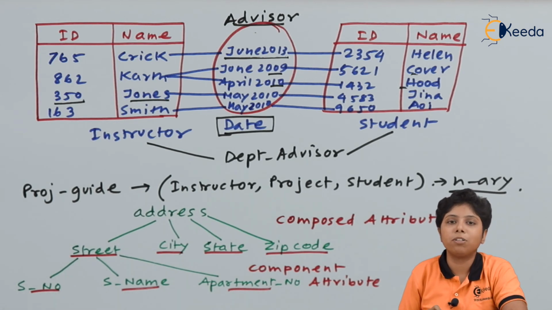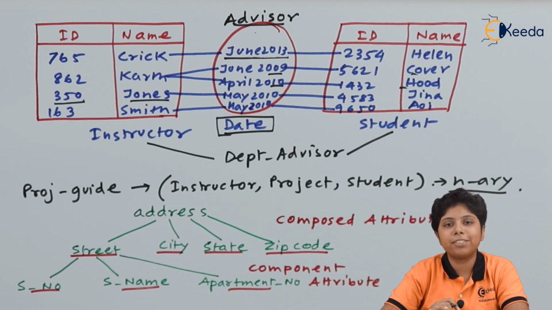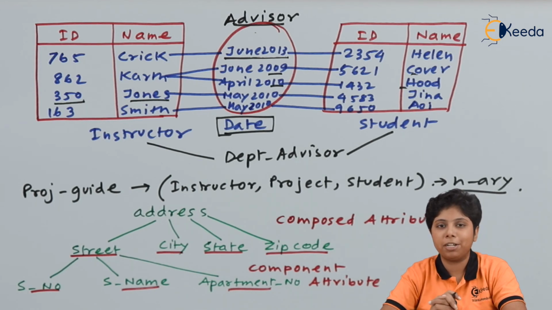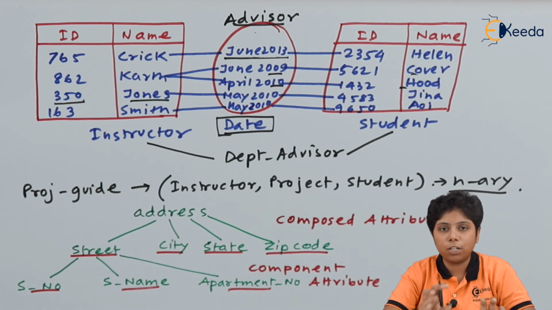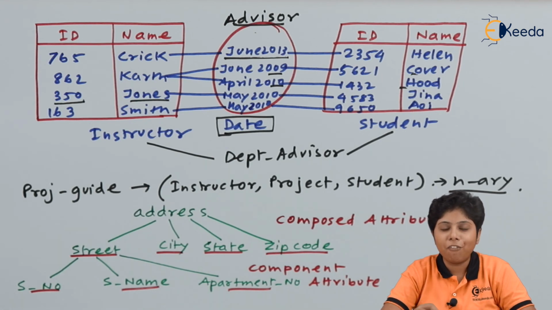Next we will know about the derived attributes. Now derived attributes are attributes that can be derived directly from another attribute. That is, one attribute's value can be calculated and used as a synonym to the attribute that we have defined. Say for an example, if we are talking about the date of birth.